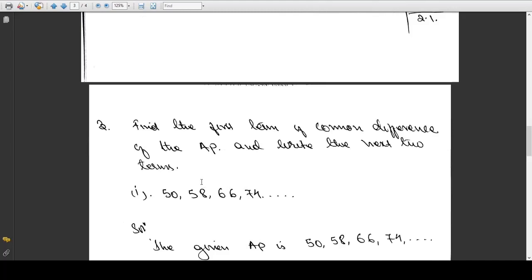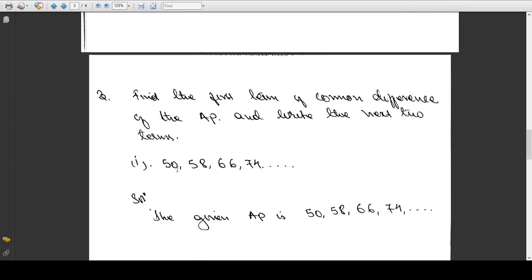Okay, now we come to the next, number 3. Find the first term and the common difference of the AP and write the next two terms.